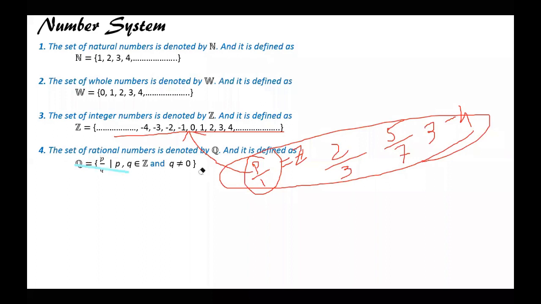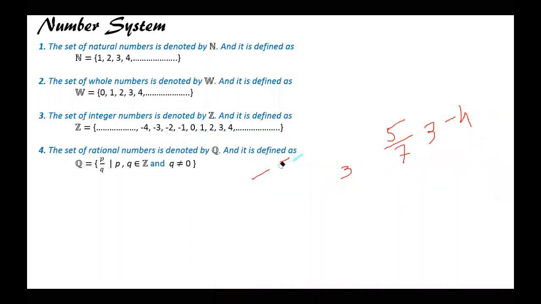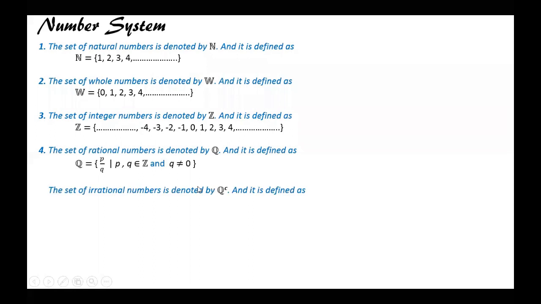Now come to the set whose elements are not contained in Q, and these are the irrational numbers. Already you know what irrational numbers are: the numbers which are non-repeating and non-terminating. Those numbers are called irrational numbers.